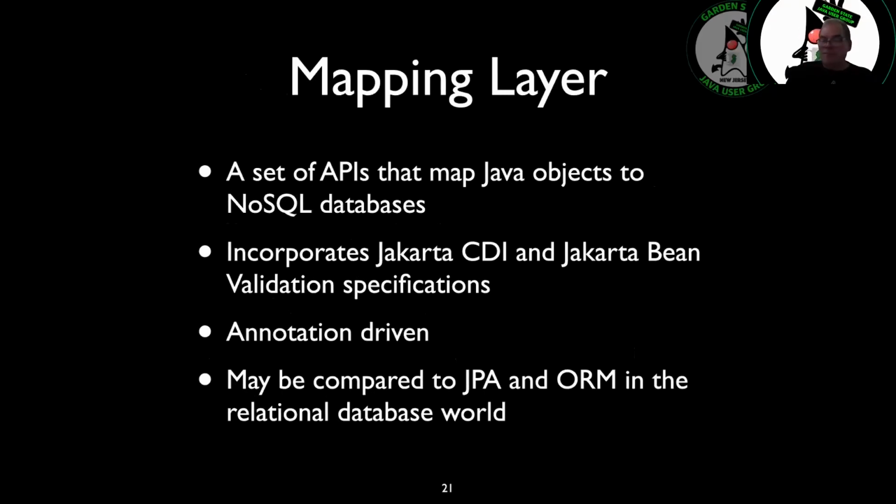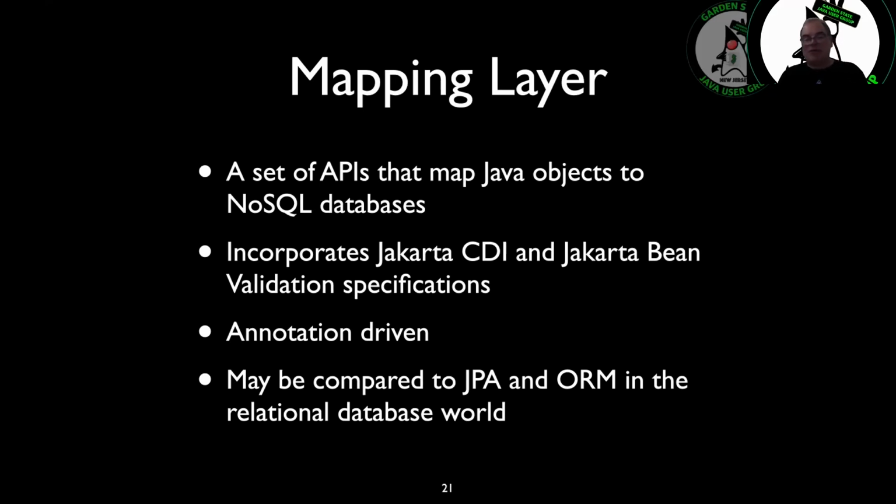The mapping layer has to do with mapping your objects in the database to objects in a Java application. It incorporates the Jakarta Context and Dependency Injection and the Jakarta Bean Validation specifications. This is very annotation driven, as we'll see, with references to an ID in your database and to columns themselves.